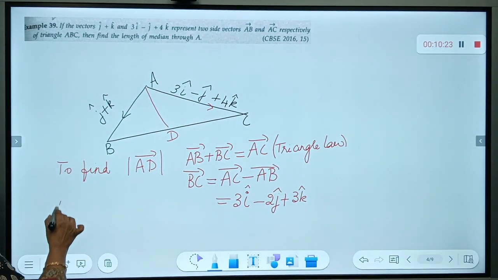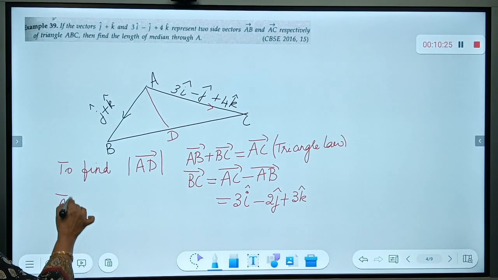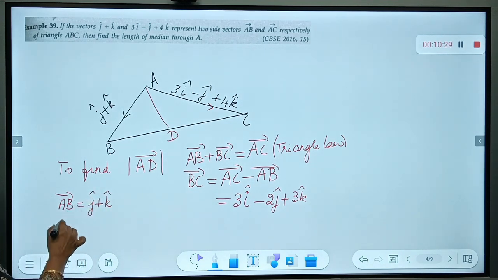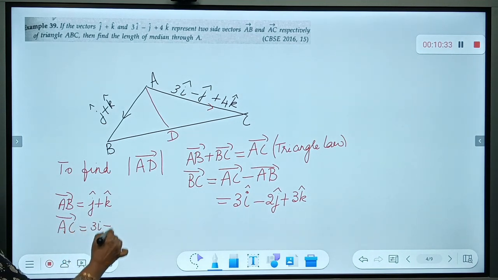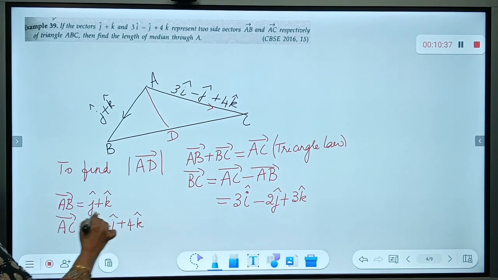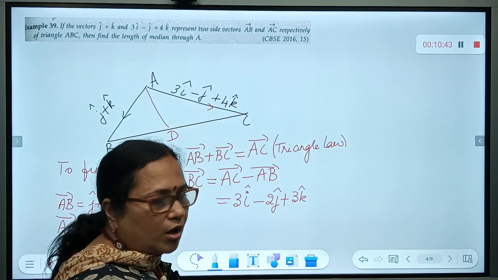See, AB vector is j plus k. AC vector is 3i minus j plus 4k. Now, BC vector is AC minus AB. That comes out of the triangle law.